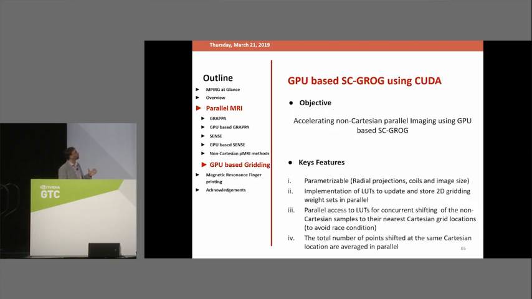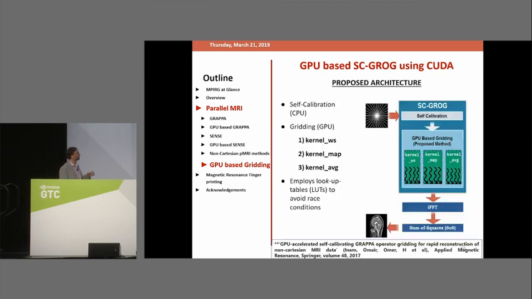What we did was we wanted to accelerate the non-Cartesian parallel imaging using GPU-based SC-GROG, and the method should be parameterizable. We also wanted to use lookup tables, because it's important what happens if more than one non-Cartesian point fits into one Cartesian location; how are we going to choose which one is the best? So we wanted to use a lookup table, which was a very unique concept. Parallel access to the lookup tables for concurrent shifting was required as well.